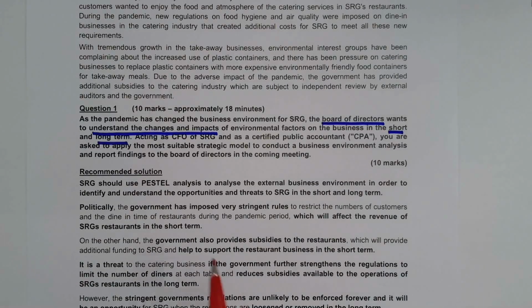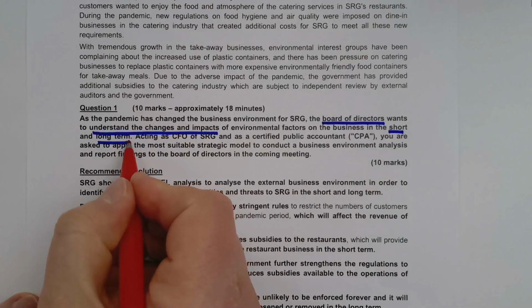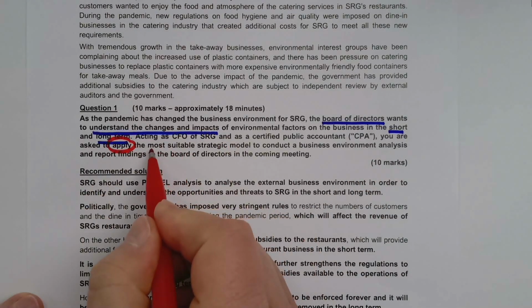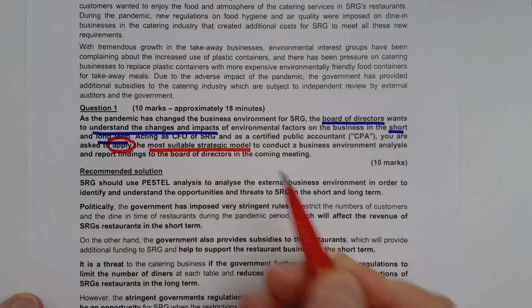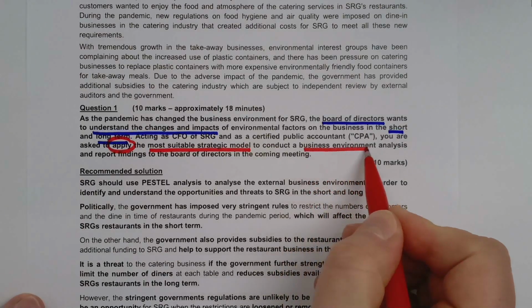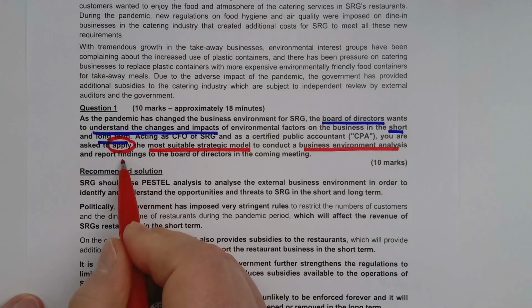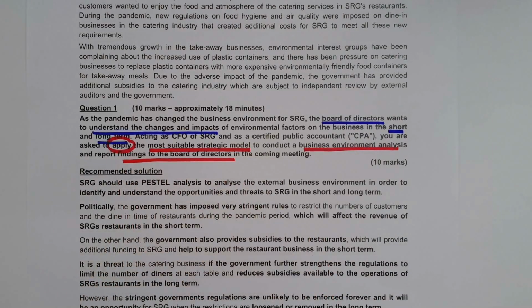Let's carry on reading. It says, acting as CFO and certified accountant, you are asked to apply the most suitable strategic model to conduct a business environment analysis and report the findings to the board of directors. Now remember what the board of directors are concerned about.